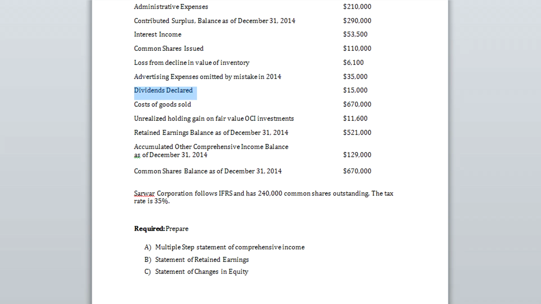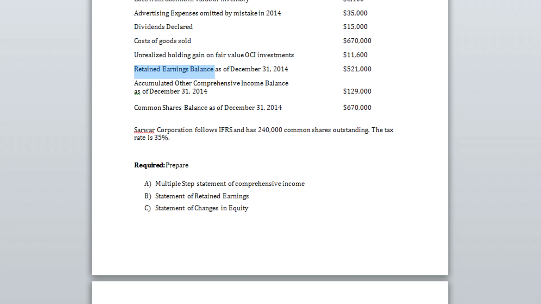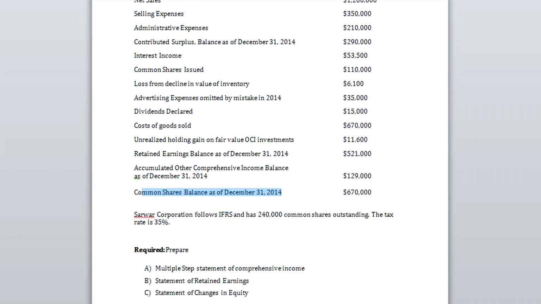We have dividends declared, cost of goods sold, unrealized holding gain on fair value OCI investments, retained earnings balance December 31st, 2014, accumulated other comprehensive income balance December 31st, 2014, and common shares balance as of December 31st, 2014.